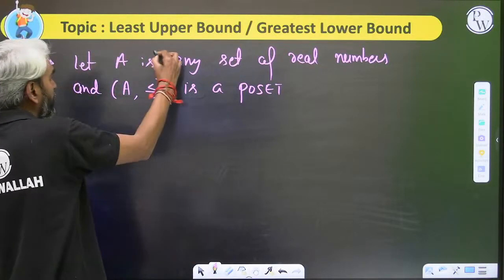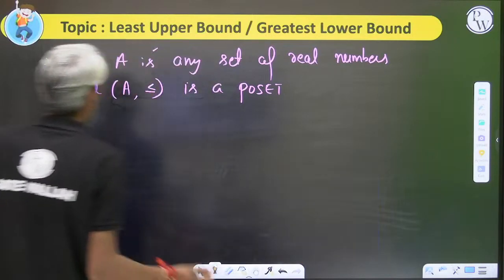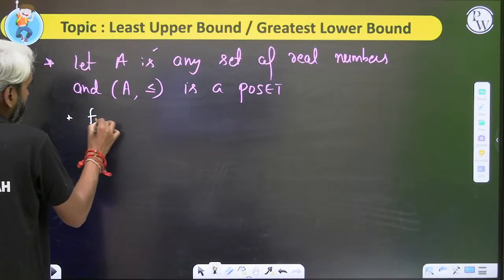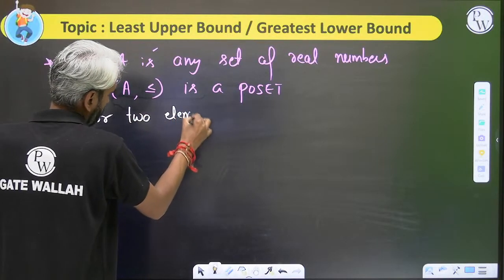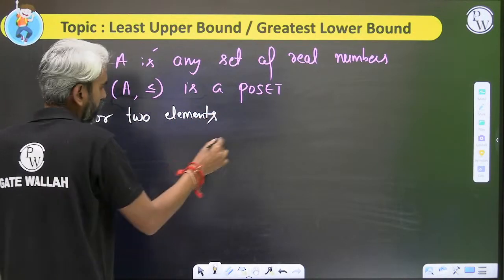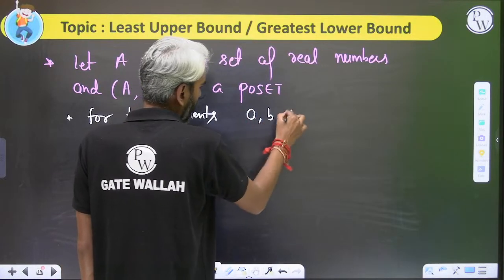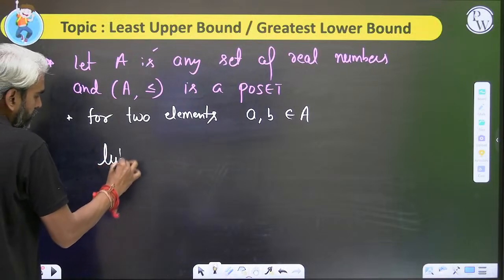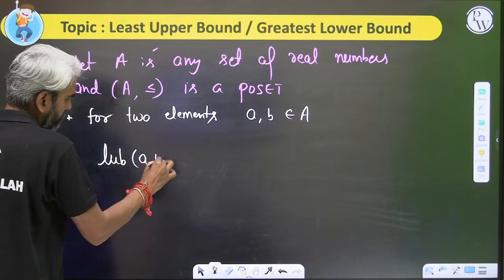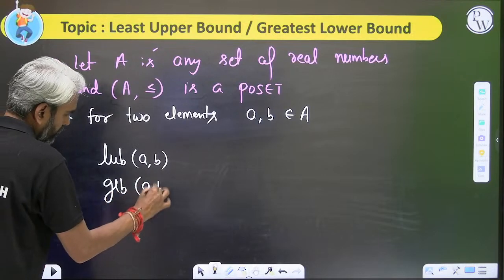Obviously, we know that on any set of real numbers, less than or equal to is a partial order relation, therefore these two will form a poset. For two elements a, b belonging to set A, in this case, what will be the least upper bound of a and b, and what will be the greatest lower bound of a and b?